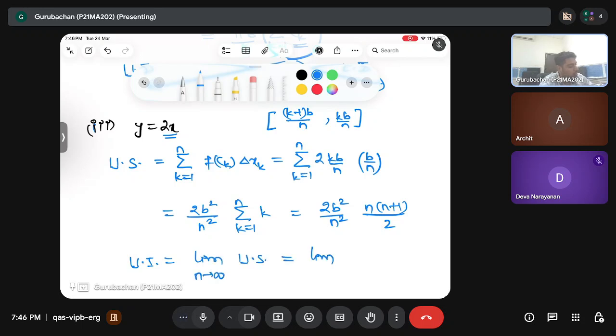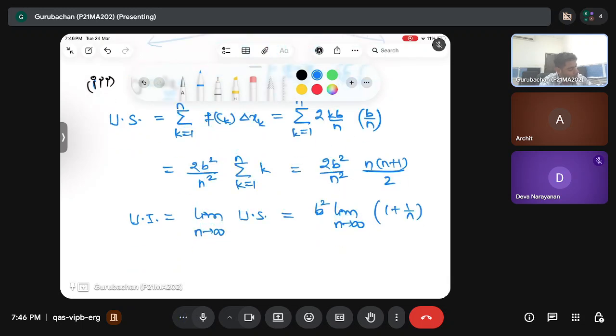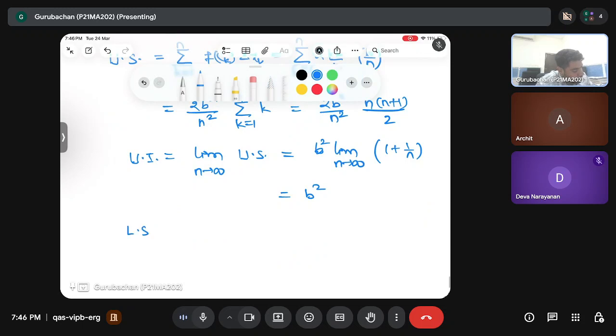So limit n tends to infinity of 2b square, so it will be b square itself, times 1 plus 1 by n. So this will give you b square. Correct? Yes, sir.